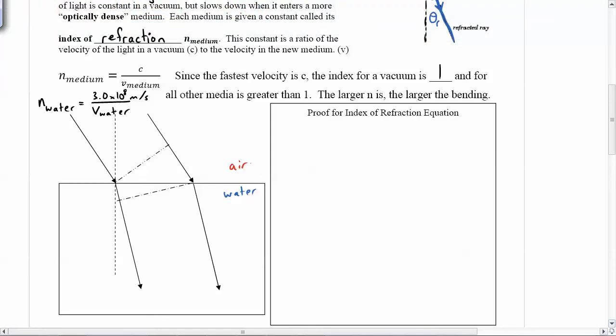Okay, so what happens is that the light is traveling through air at about 3 times 10 to the 8. And as soon as it hits the water, it's going to slow down. And because it slows down, the light bends, because the two light rays are always going to travel parallel to one another. Because it's going slower, we need to change the angle.